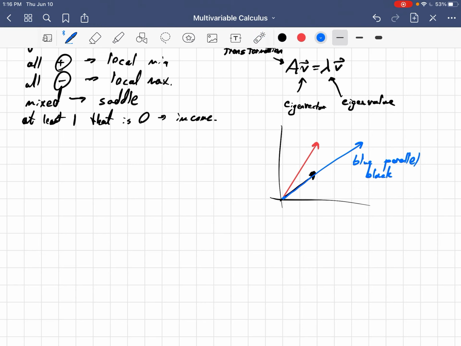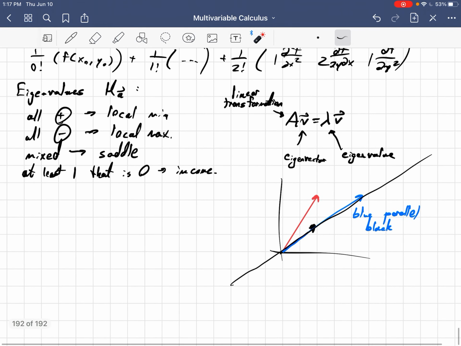It lies on its own span, and what I mean by span is all possible linear combinations of one vector. If you're talking about a linear combination of a single vector, that's just a line, right? That would be this line that would extend throughout R2. And so we call those vectors that lie on their same span after the linear transformation is applied the eigenvectors. And the factor by which I multiply this black vector to get this blue vector is the eigenvalue. It's a scalar.